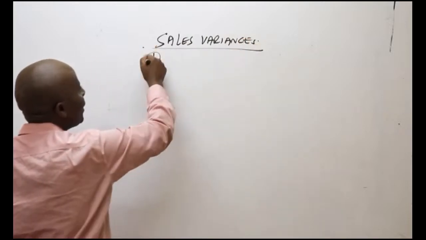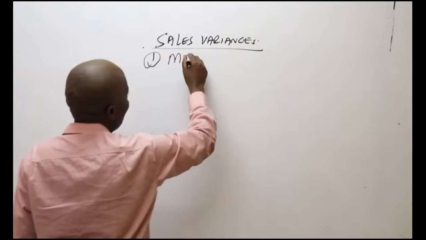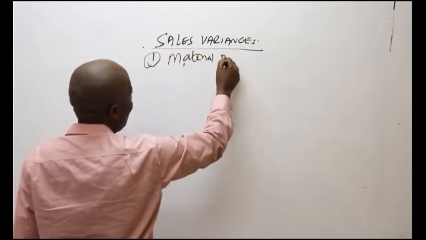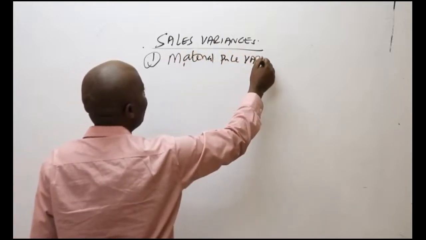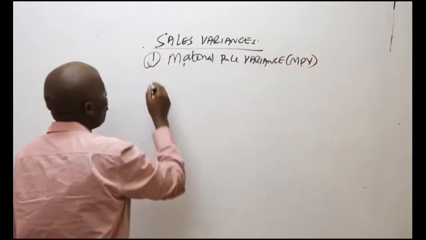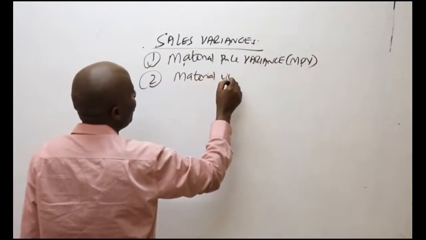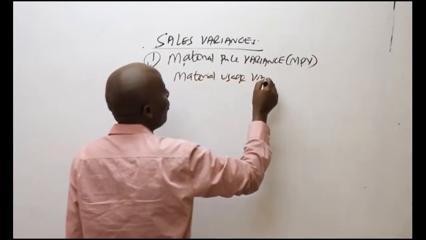Sales variances are two. We have material price variance, which we shall be abbreviating as MPV. And then number two, we have the material usage variance.